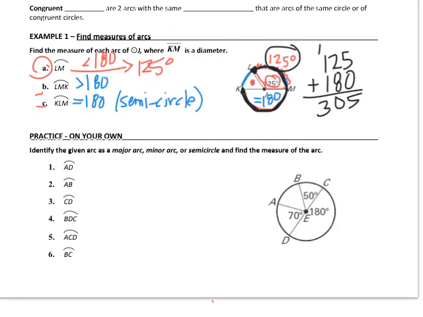So the measure of arc LMK is 305 degrees. We just have to add the two arcs that we know to get that final answer.